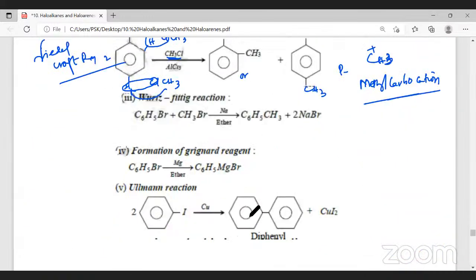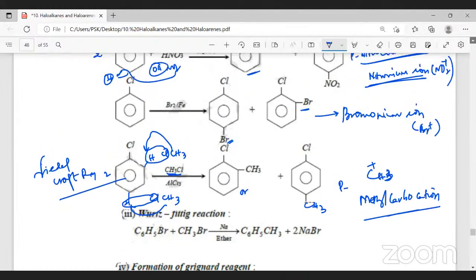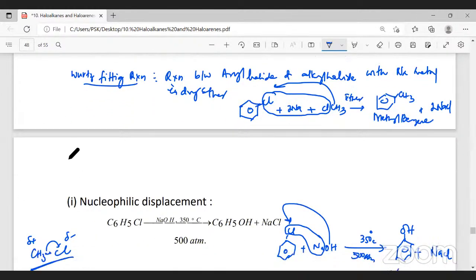The next reaction is formation of Grignard reagent. I will write here, formation of Grignard reagent. Now, take any aryl halide, we will take bromobenzene.